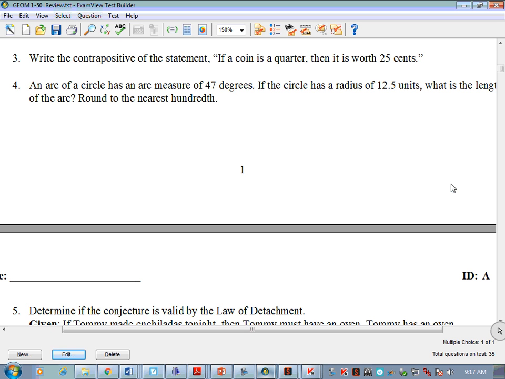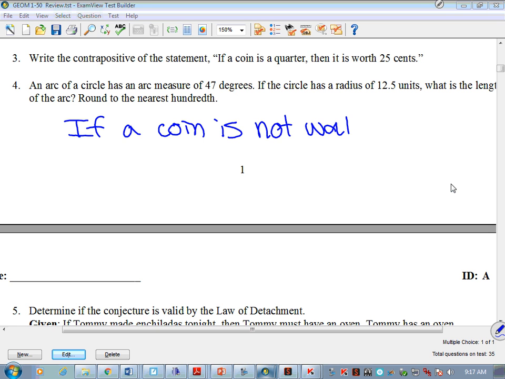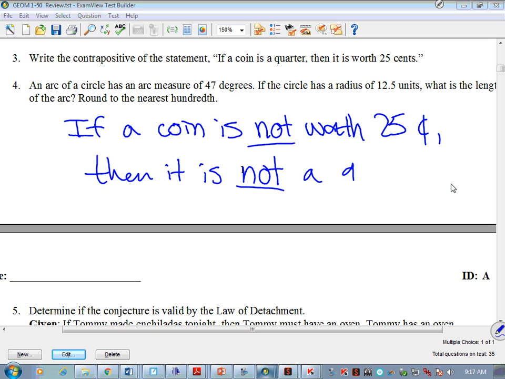So, what would I want to write for number 3? We want to start with if. Okay, if a coin is not worth 25 cents, okay, then it is not a quarter.